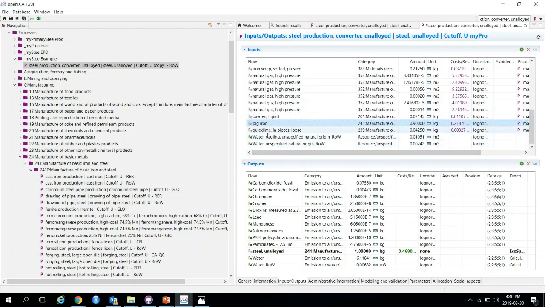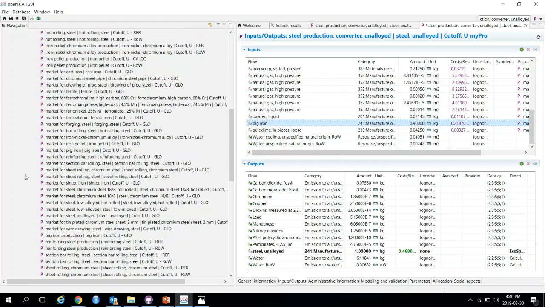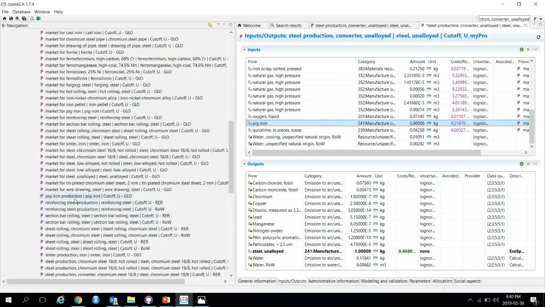So what I'm going to do is look up pig iron from the ecoinvent database, the most representative. There's only one transforming process for pig iron, and it's a global average pig iron production process.